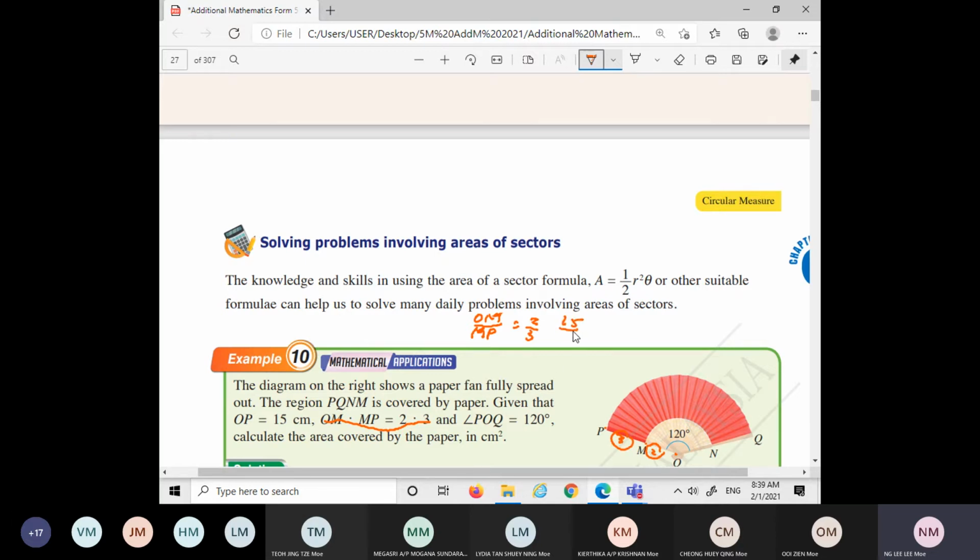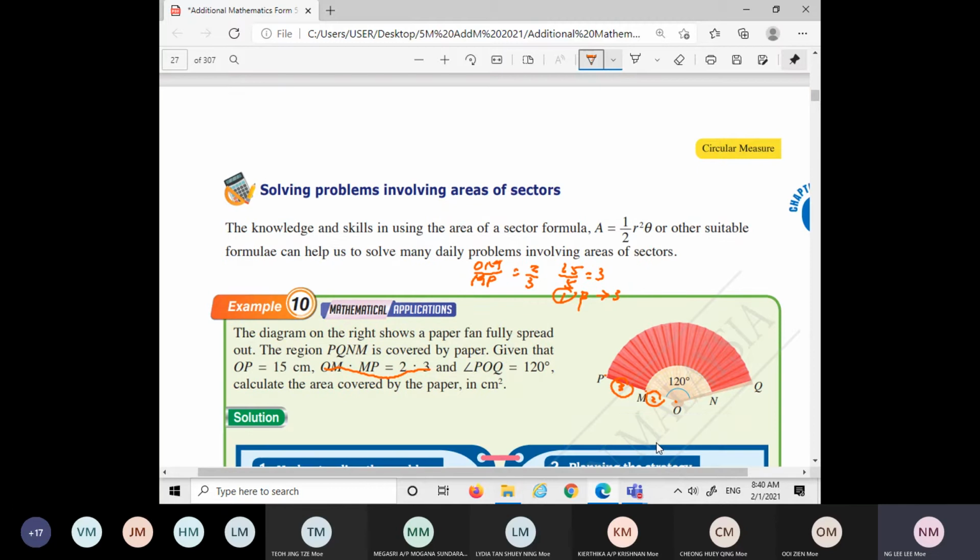So 15 divided by 5, 1 part is equivalent to 3. Therefore 3 times 2, this is 2 parts, is 6. 3 times 3, this is 3 parts, so this is 9. Therefore 9 plus 6 is 15. So this is the first part.